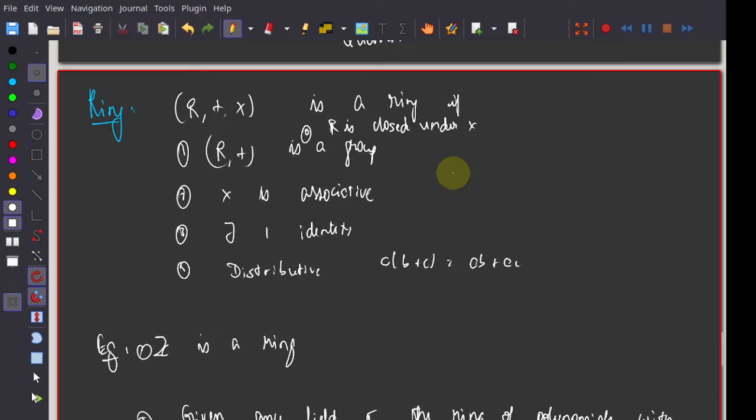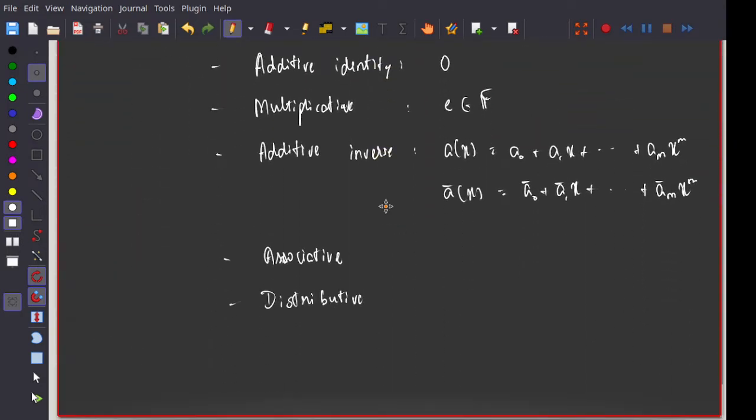So it forms a group. Which property is not satisfied? Multiplicative. There's no multiplicative identity. So 2Z is a group, but not a ring.